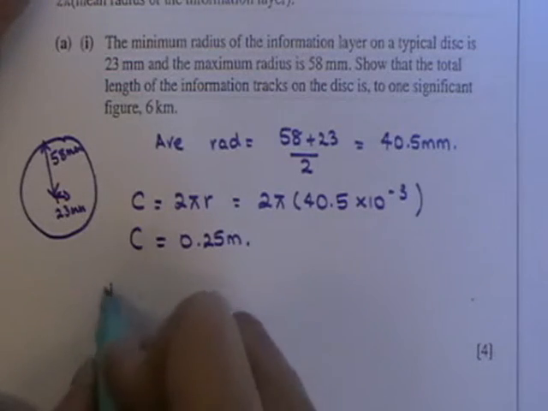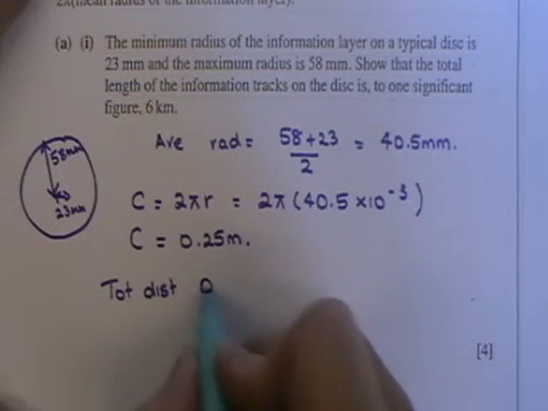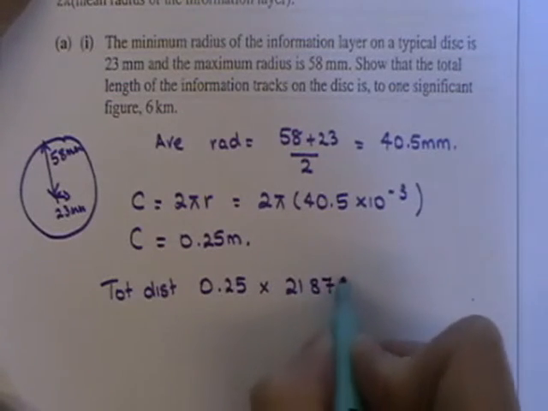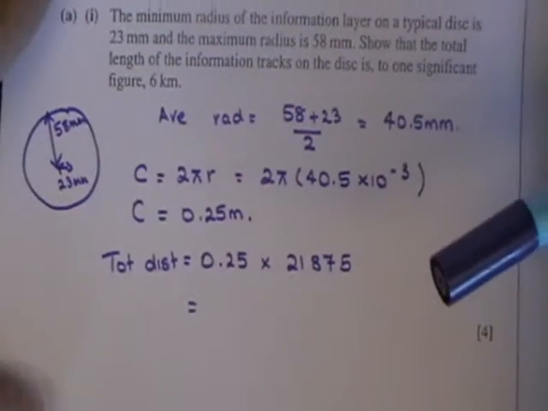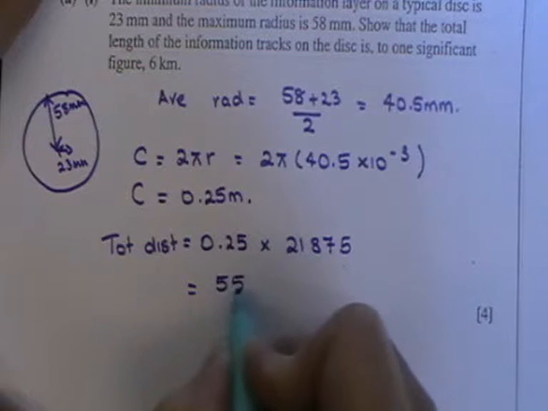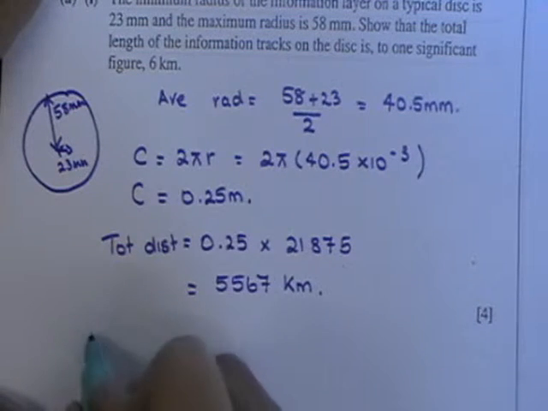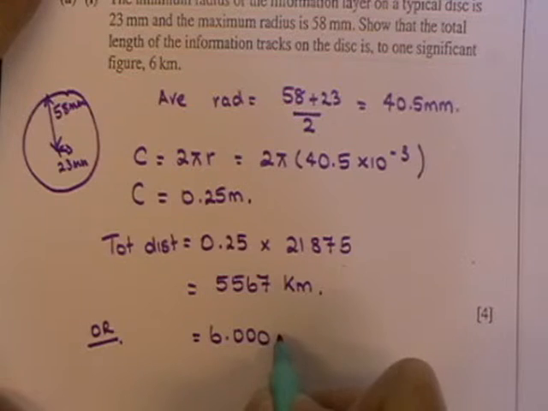And so therefore the total distance is that distance multiplied by the 21,875 tracks. And that gives you an answer of 5,567 kilometres. Or it asks you to one significant figure, that gives you 6,000 kilometres.